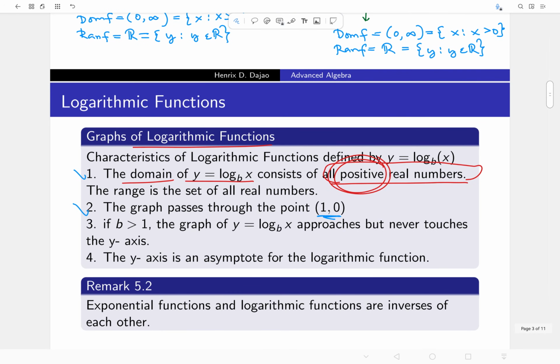Okay, next, if b is greater than 1, the graph approaches but never touches the y-axis.